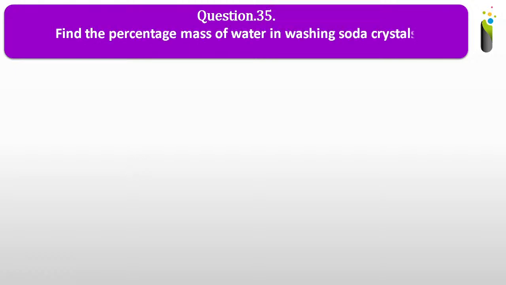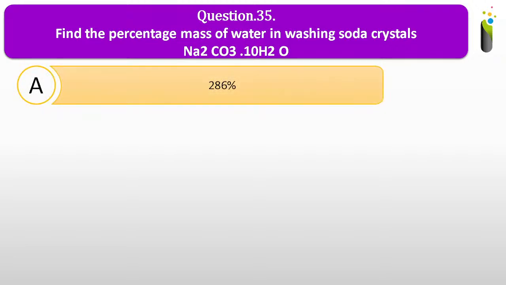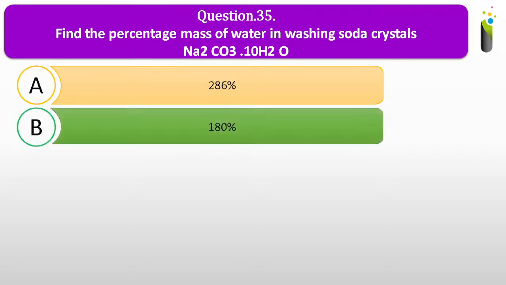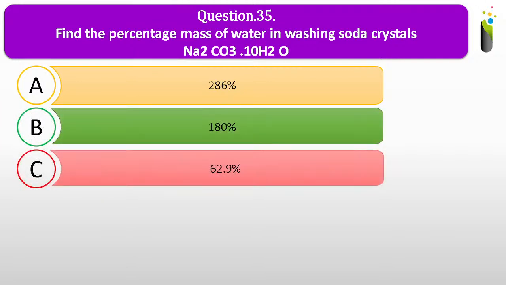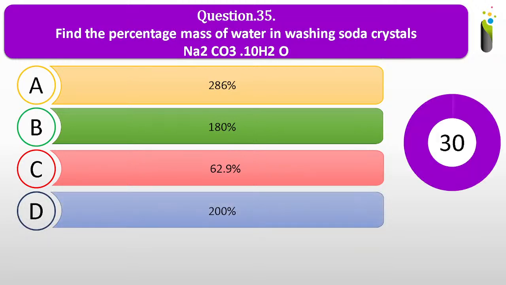Find the percentage mass of water in washing soda crystals, Na2CO3.10H2O. A, is it 286%? B, is it 180%? C, is it 62.9%? D, is it 200%?